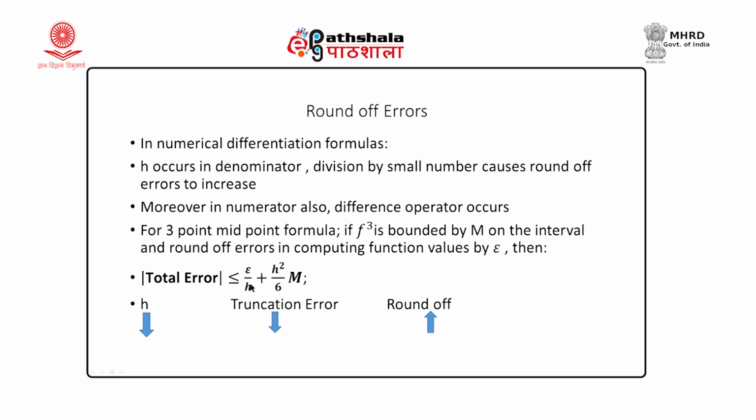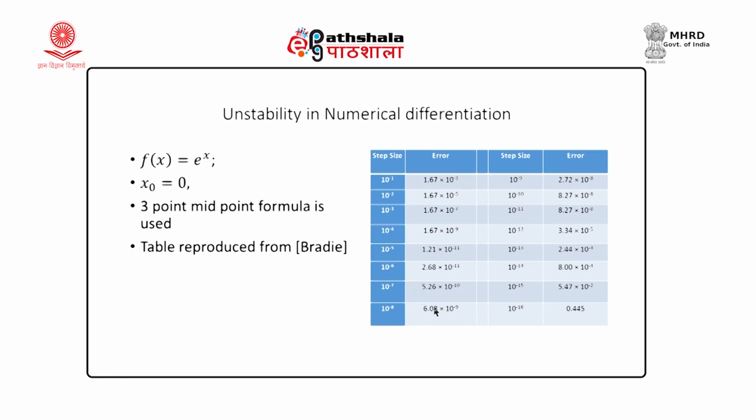So, round-off error is of the order of 1 by h. So, to reduce truncation error, we would like to make h smaller and smaller. As we make h smaller, truncation error will reduce in the order of h square. But the problem is, because of the 1 by h, round-off error will start increasing as we make h smaller.